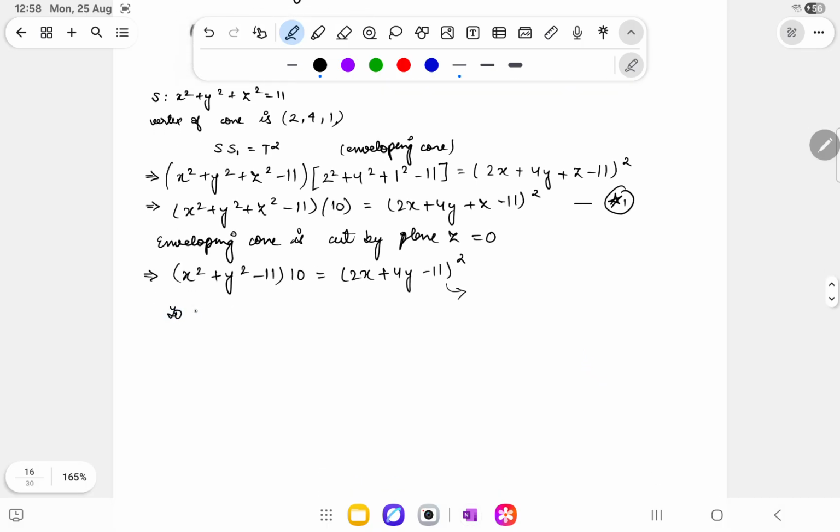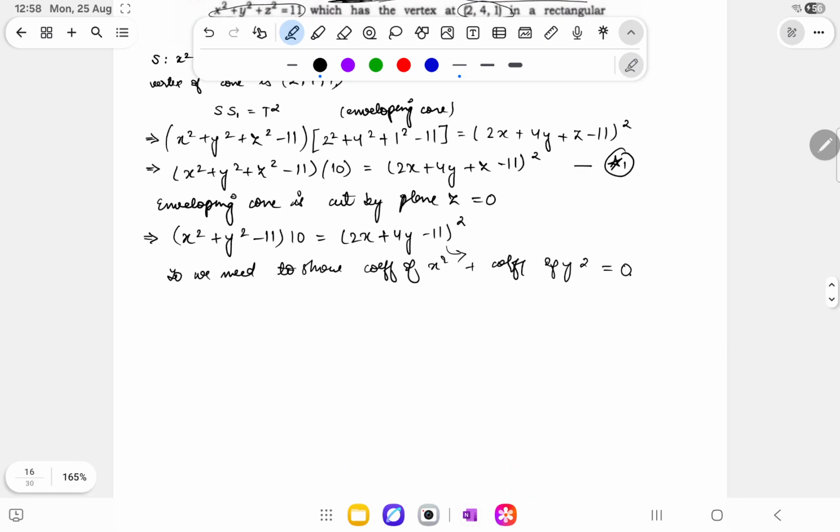To confirm that, we need to show that the coefficient of x square plus the coefficient of y square must be equal to 0.